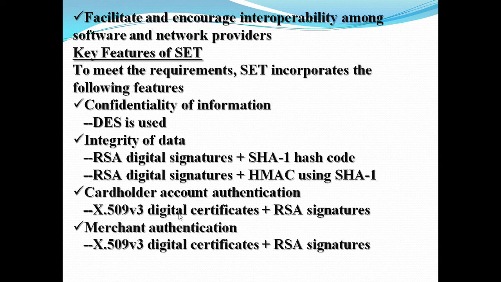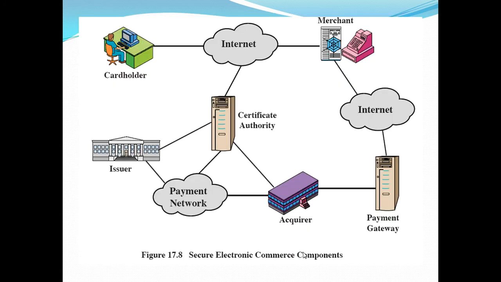Cardholder account authentication uses an X.509 version 3 digital certificate plus RSA signature. Merchant authentication is similarly done by an X.509 version 3 digital certificate plus RSA signature. So what we require here is basically confidentiality, then integrity, then authentication. This is the basic diagram.